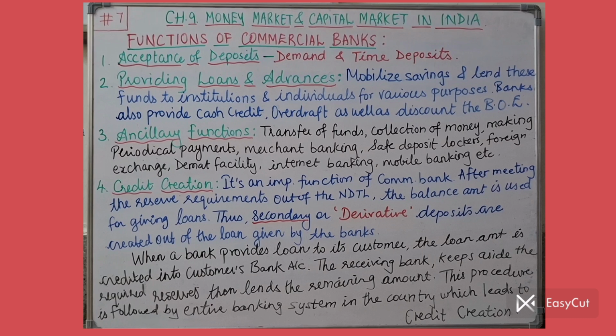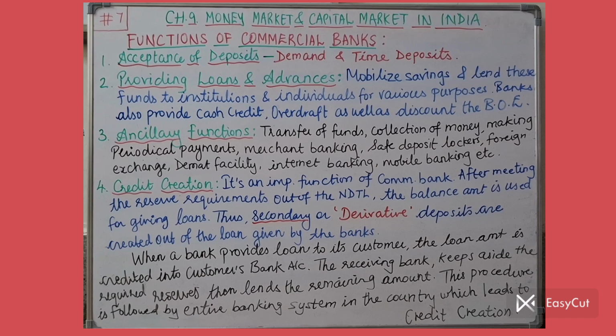Now let us try to understand how this chain continues, how the secondary level takes place. See, what do secondary or derivative deposits mean? It is very simple. Suppose bank A is giving a loan to its customer. Naturally, the customer is taking the loan, and that loan amount will be credited into the customer's bank.